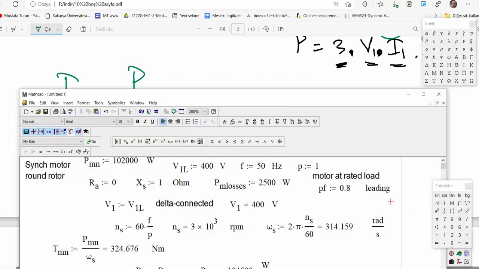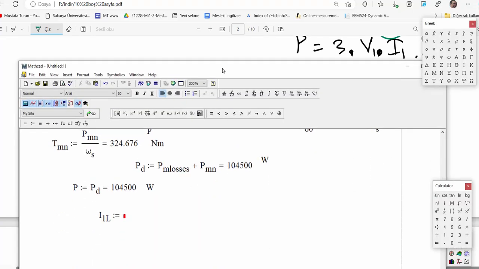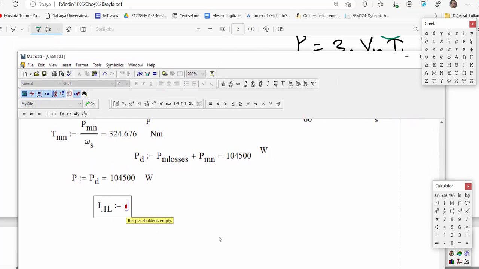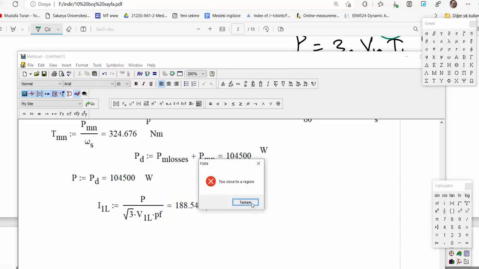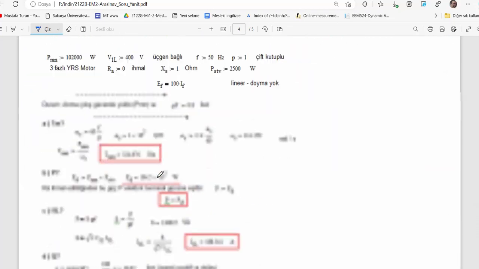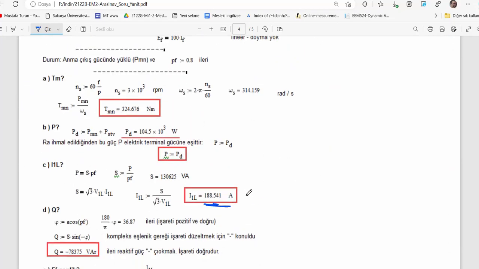Okay, let's continue. Power, electric power over square root of 3 times line-to-line voltage times power factor or cosine phi. You have calculated the current as 188. Let's check it. C is 188. Okay, it's okay.